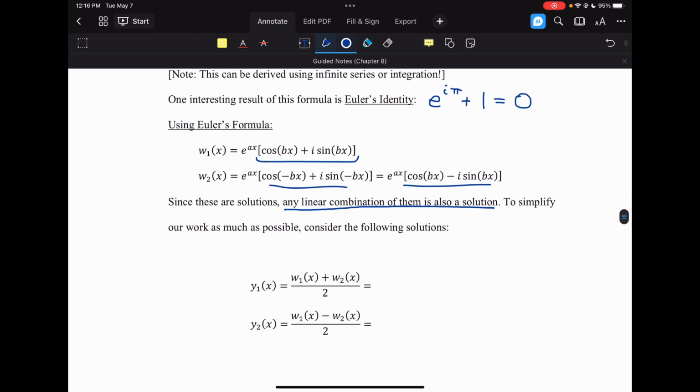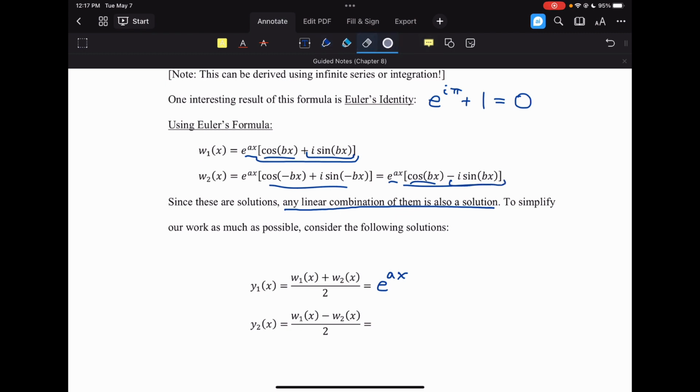Any linear combination of these will be a solution to this differential equation. We want to pick as simple a form as we possibly can for our solution. So for our first solution, y1, we take W1 plus W2 divided by 2. We will have e to the ax still, and we can just factor that out of both of these, and we'll have cosine of bx plus cosine of bx, so that's 2 cosine of bx, plus i sine minus i sine, so those are gone.